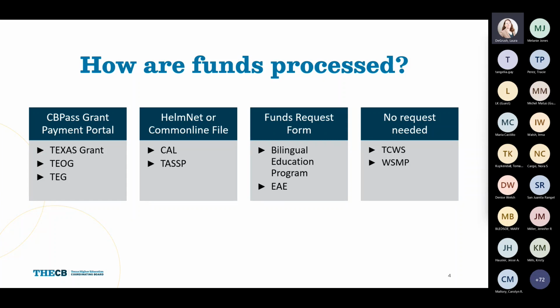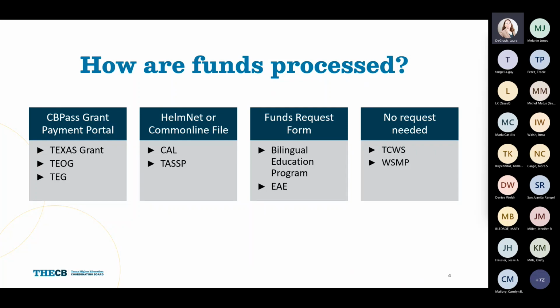When we're talking about avenues, we're not just talking about portals. Some avenues and methods of processing funds are related to different forms, but for grants, luckily, it's one place and it's under the CBPass portal system. So that is one system, so you'll see them there.